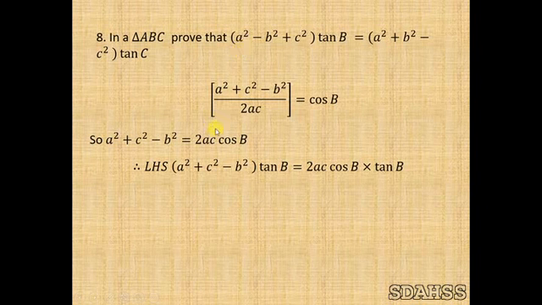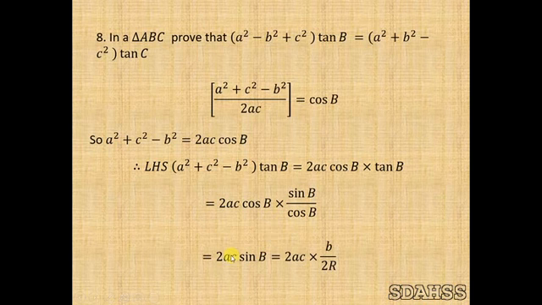Consider the LHS, (a square plus c square minus b square) tan B. In the place of a square plus c square minus b square you have to substitute 2ac cos B into tan B. You keep it as it is, and we know that tan B is equal to sin B by cos B. Cos B cancels, so remaining you have 2ac sin B. In the place of sin B you have to apply the sine formula.